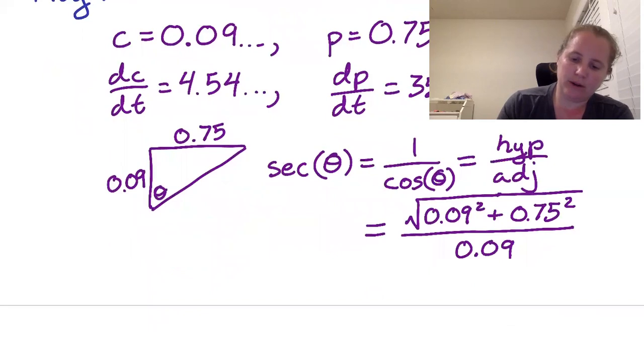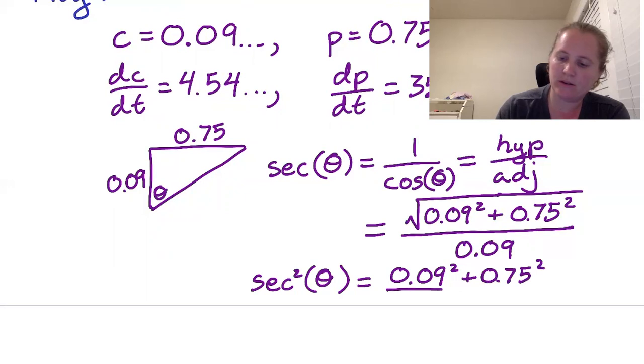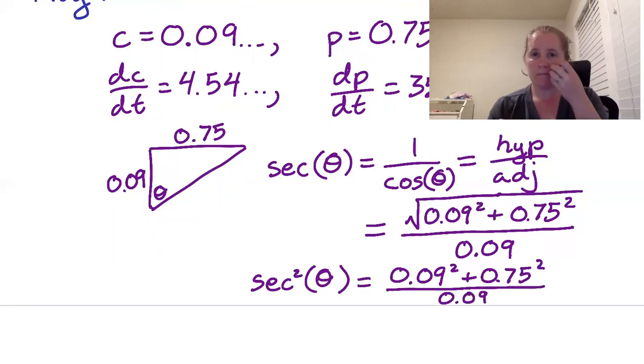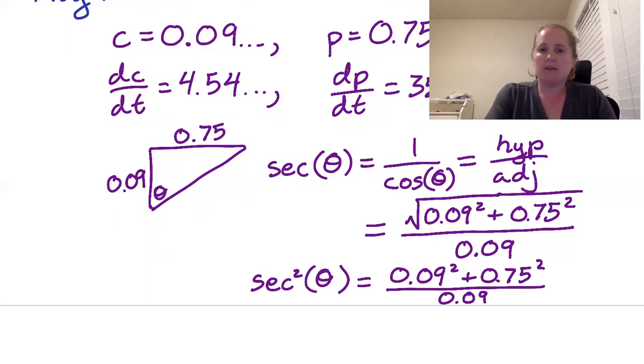So secant squared theta would just be 0.09 squared plus 0.75 squared all over that 0.09. And from here, we now have all the information we needed to plug in.